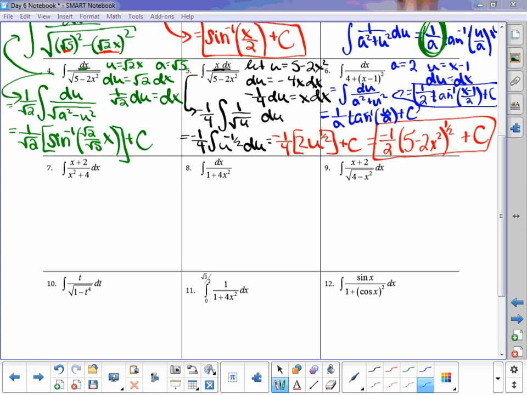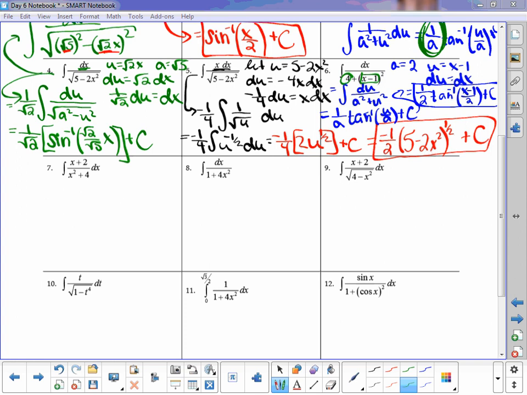Well, remember, it's something squared, so what squared gives me 4? And that's why we chose a as 2 squared. Oh, the tangent part of it. Oh, I see. So this was a squared, and this was u squared. Does that make more sense? Other questions on number 6?